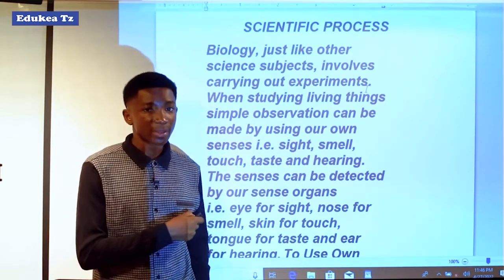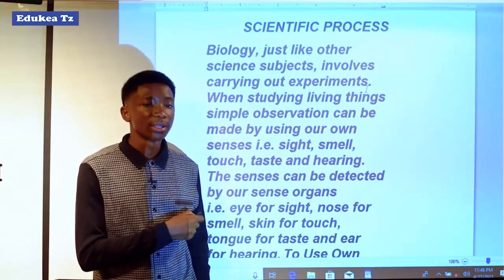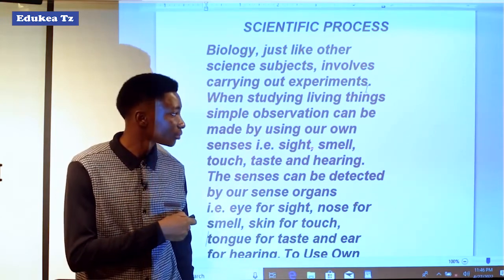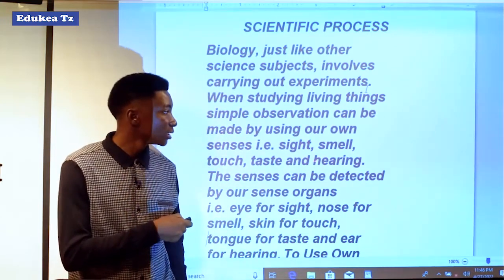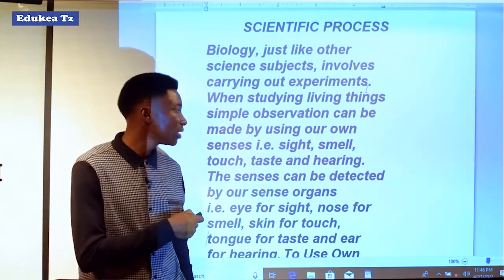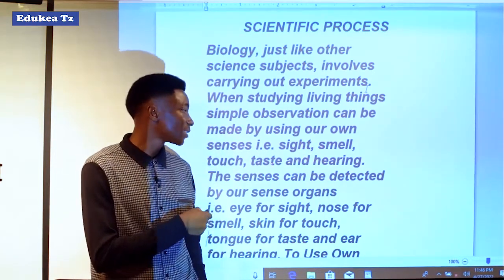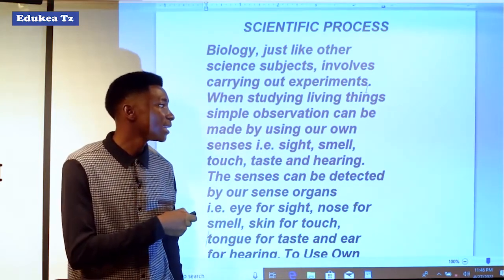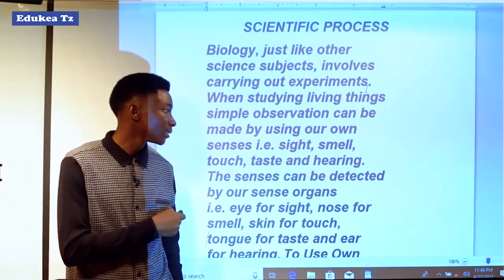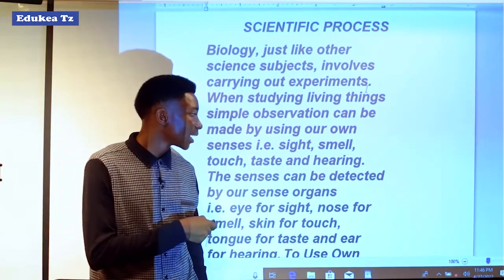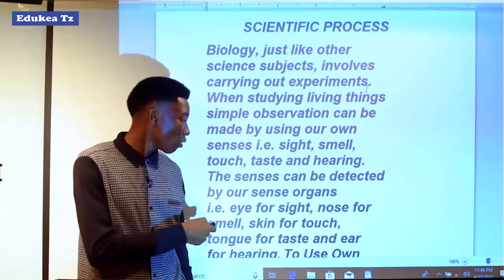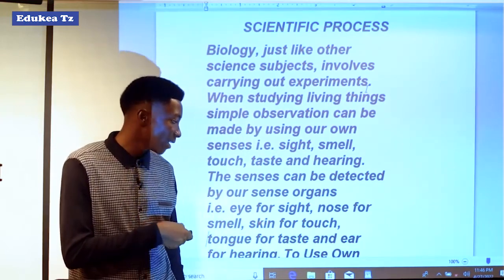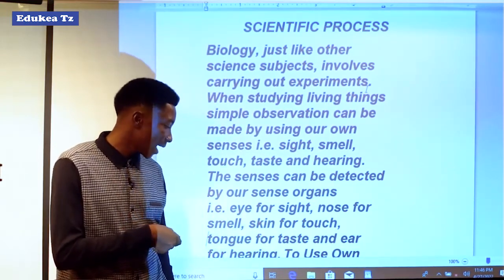These senses come from the sense organs. The senses, such as sight, smell, touch, taste, and hearing, can be detected by our sense organs: the eye for sight, the nose for smell, the skin for touch, the tongue for taste, and the ear for hearing.